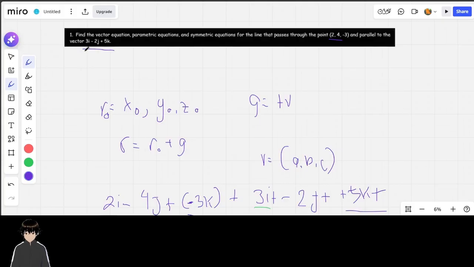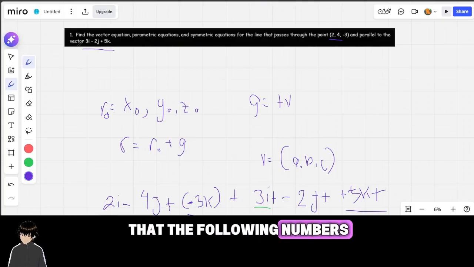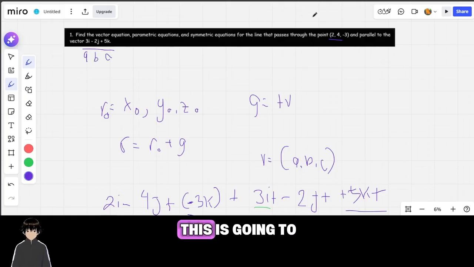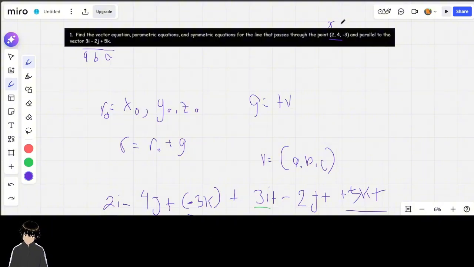We can denote these numbers with a, b, c.